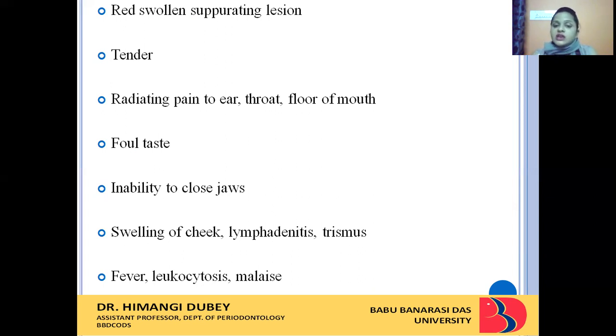Swelling of the cheek in the region of the angle of the jaw and lymphadenitis are common findings. Trismus may also be a presenting complaint. The patient may also have systemic complications such as fever, leukocytosis, and malaise.